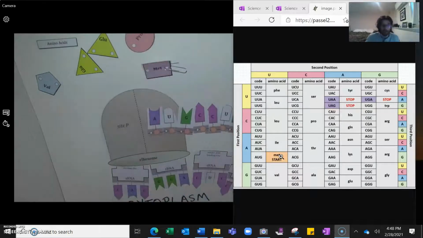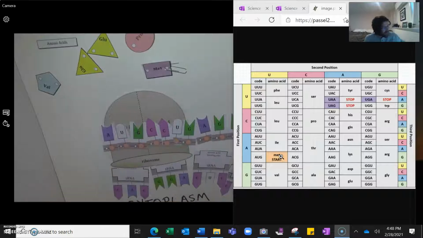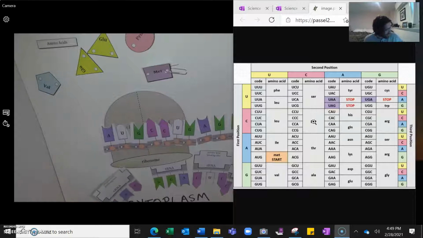Okay? And so now our mRNA moves along 3 letters at a time. And it's going to read our next codon, which is CCU. So we find CCU. It's right here. That's going to give us proline. Okay? So the tRNA that matches up here is carrying proline.